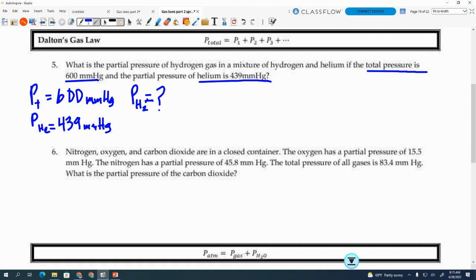So if I have this equation that P total equals P1 plus P2 plus P3, etc., and I'm trying to solve for the pressure of hydrogen, I could say that pressure of hydrogen is equal to P total minus the pressure of helium.